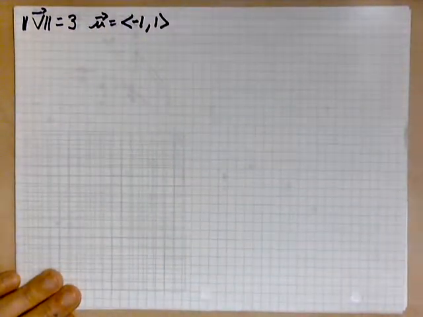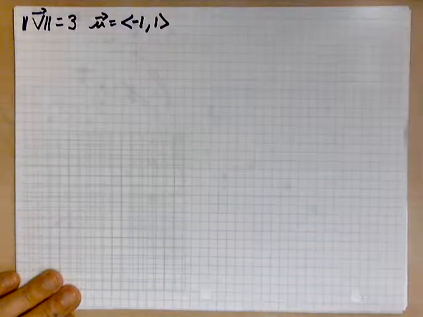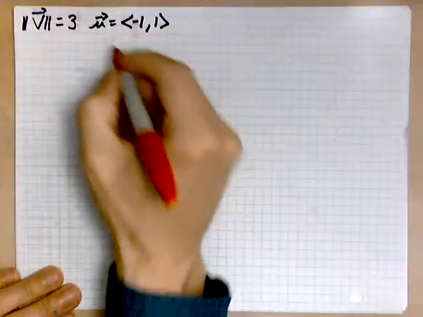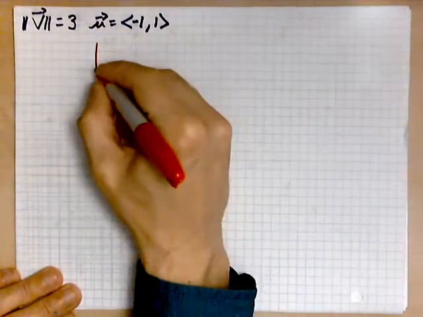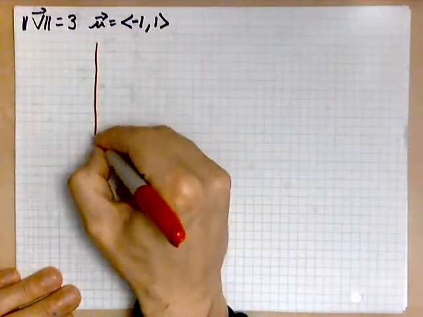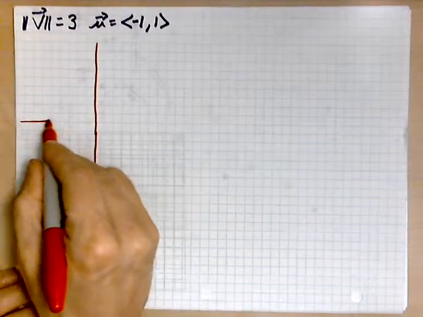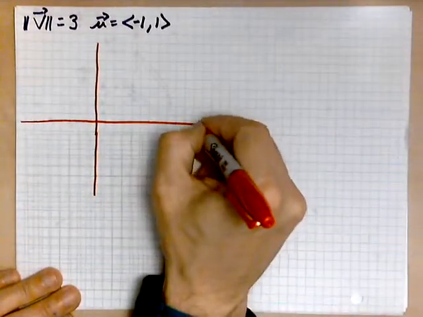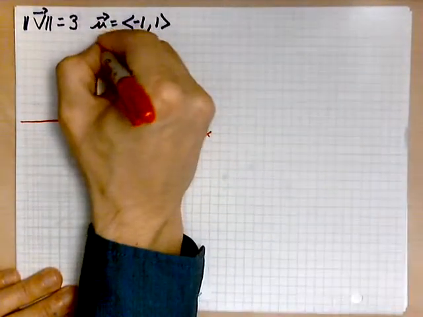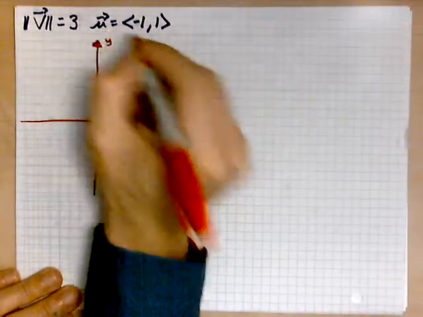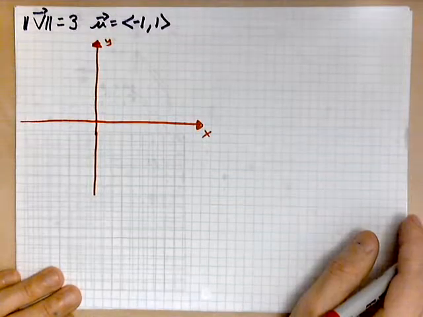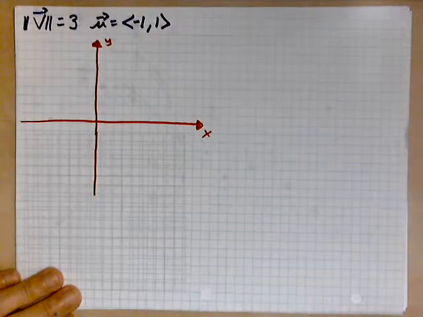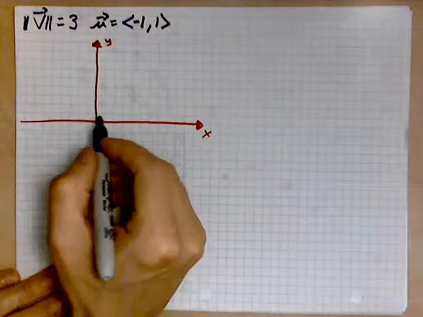So how do we approach this? What we have to know to do is the following. Draw a coordinate system, your y-axis and x-axis. Call this x, call this y, and mark that point, negative 1, comma 1.